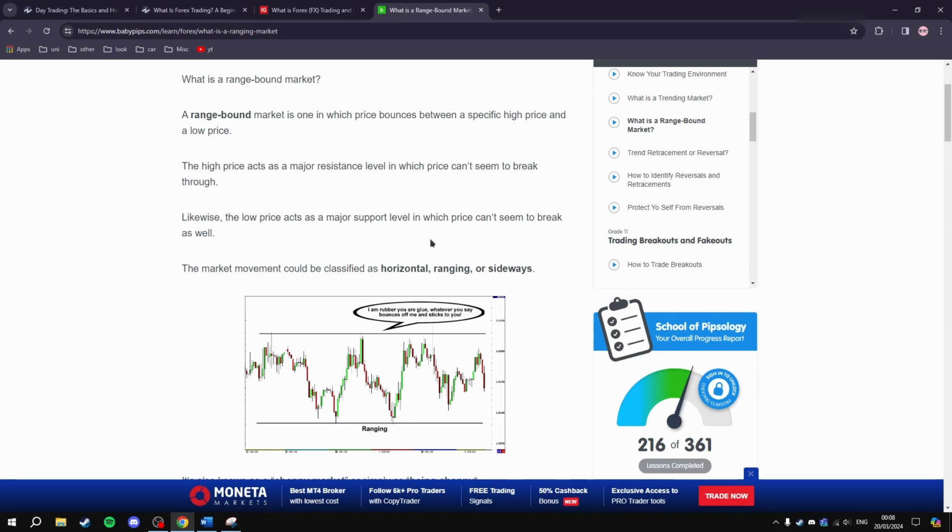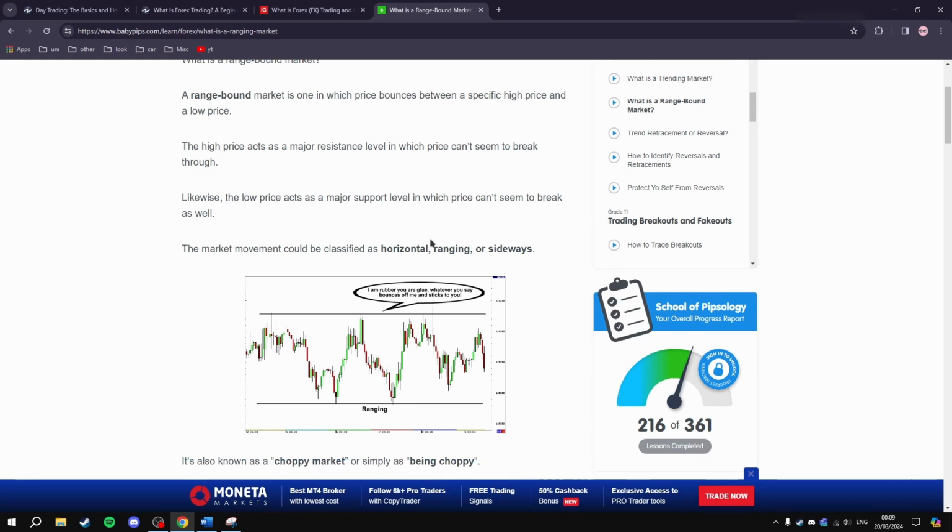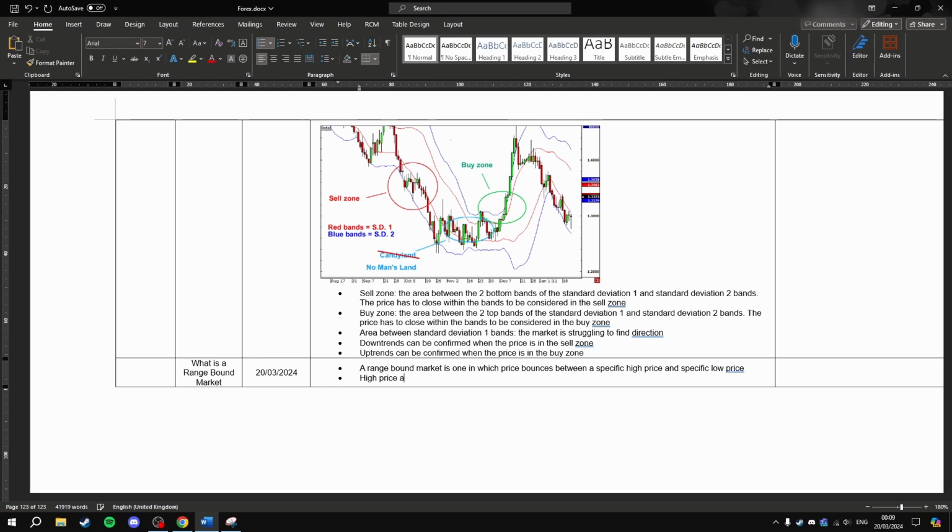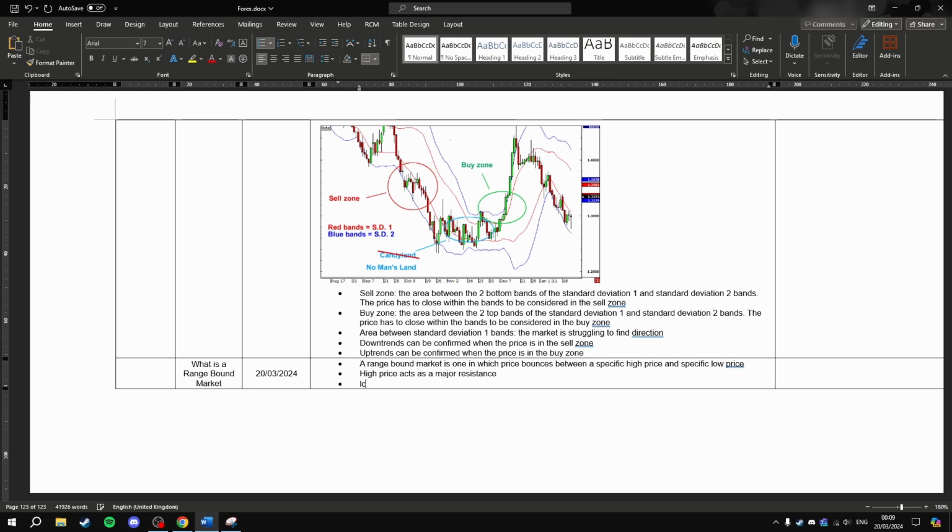The high price acts as a major resistance level in which the price can't seem to break through. Likewise, the low price acts as a major support level in which price can't seem to break as well.